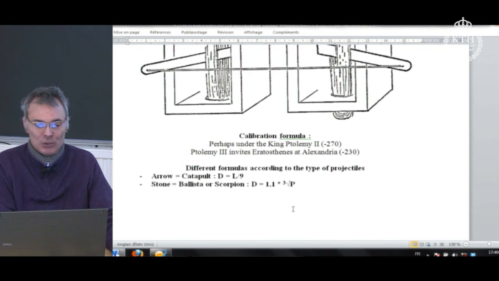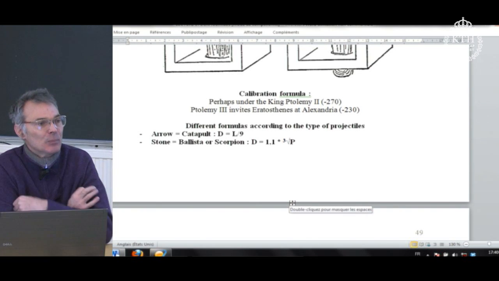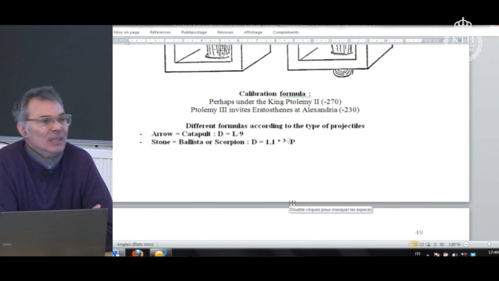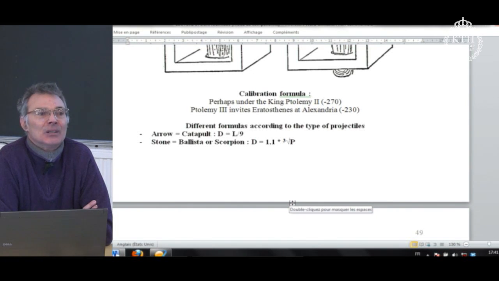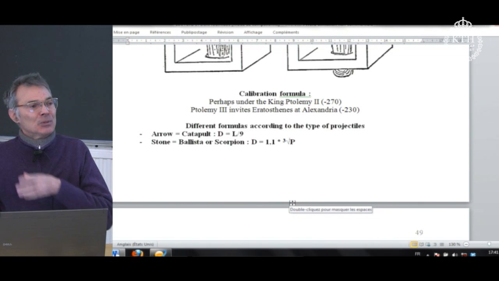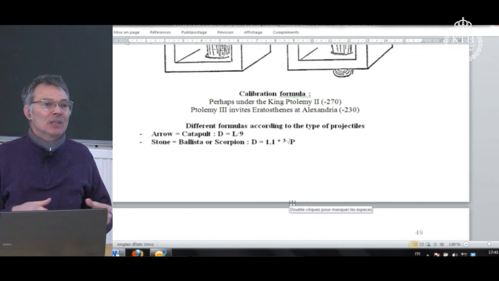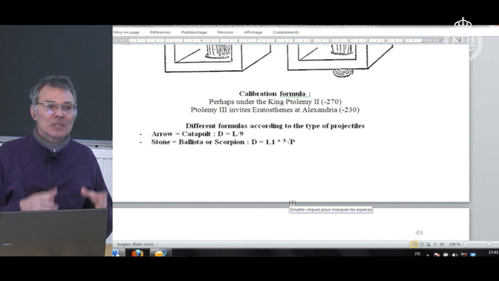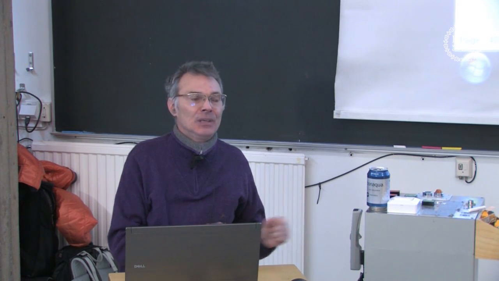So if you read Vitruvius, there are two different formulas according to the type of projectile you want to throw on your enemy. So if you want to throw an arrow, the diameter of the springs, according to which all of the elements of the machine are proportional, just as in the Greek temple, all of the elements are proportional to a single module, which is the diameter of the column.